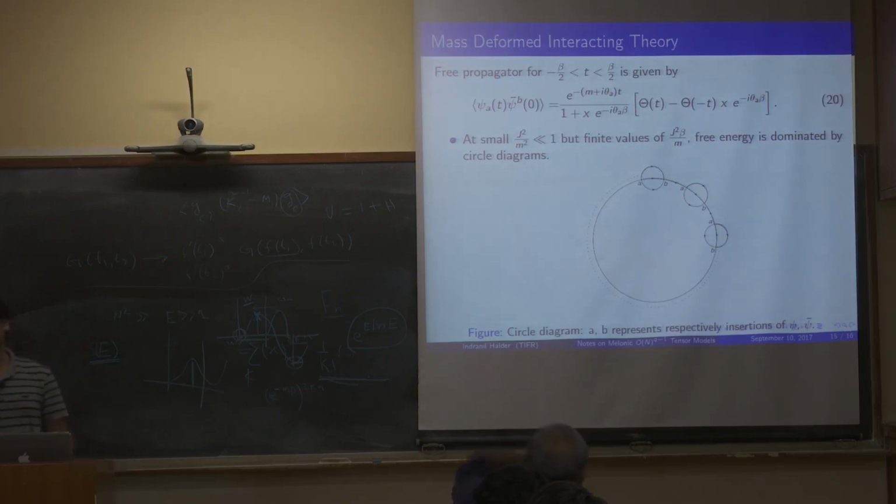Now in the mass deformed theory, we are turning on the interactions, and we are going to calculate the correction to the free energy and the correction to the thermodynamics. So our J by M is still kept very small as compared to 1, and then we do all the Feynman graph calculation in which these Melonic diagrams contribute.